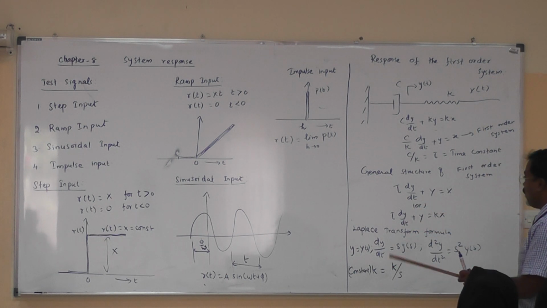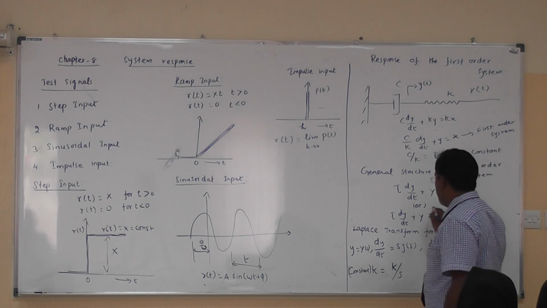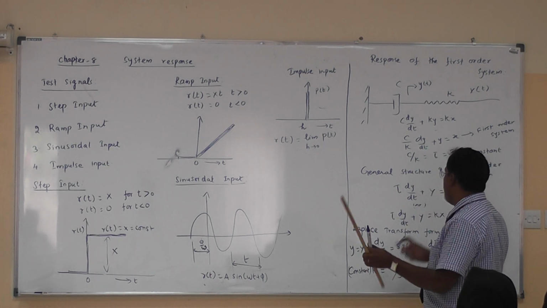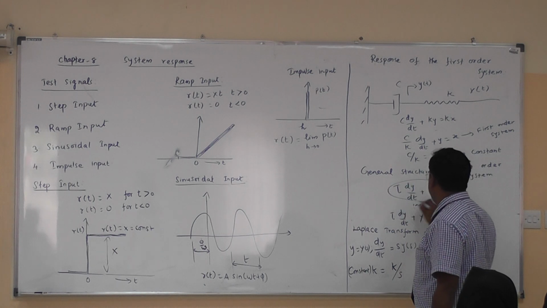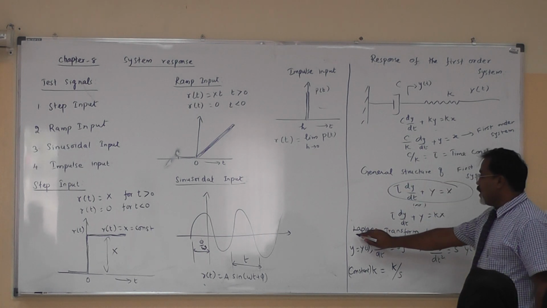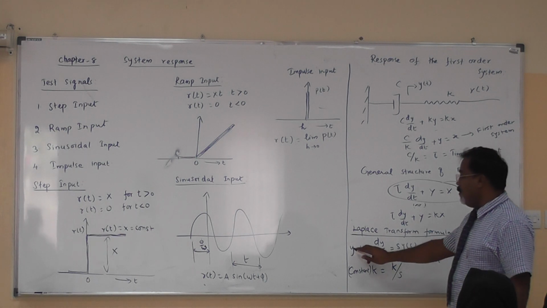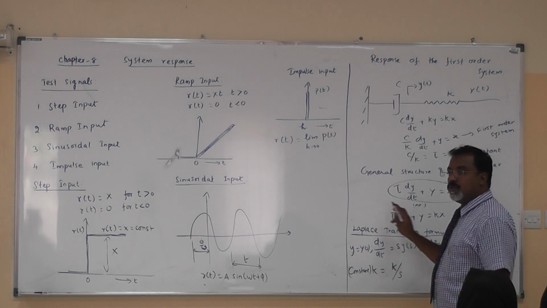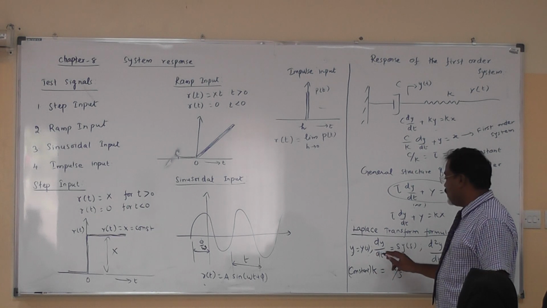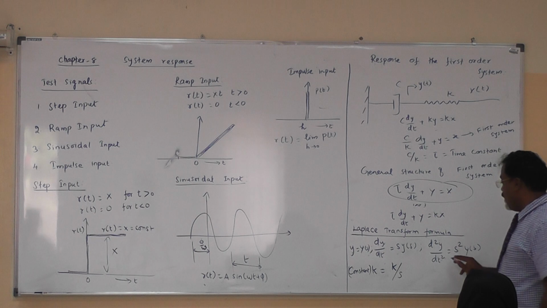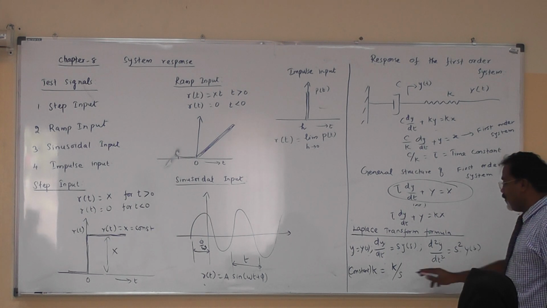See that here you have taken one first order system, the general first order system equation. I have taken tau into dy by dt plus y equal to x. Then there are some Laplace transform formulas. Y converts into Laplace transform as Y of s. dy by dt means s into Y of s. d square y by dt square means s square into Y of s.